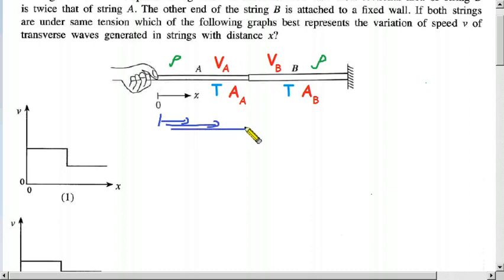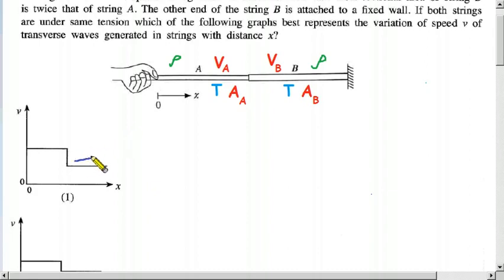The velocity of A is this one, and the velocity in medium B is this one.